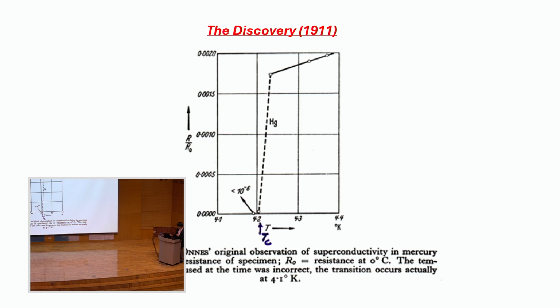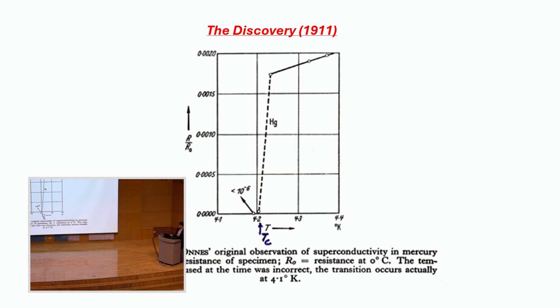It turns out the resistance decreases as originally people speculated, but then instead of going gradually down to zero, all of a sudden at a certain temperature, it drops to zero suddenly. And this represents a phase transition, and later on people realized it's a superconducting transition.